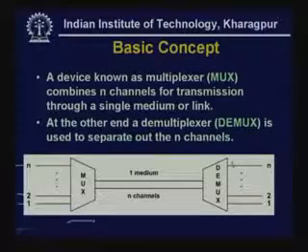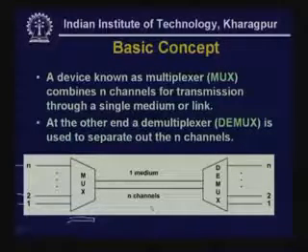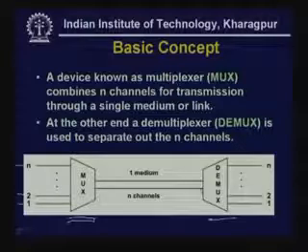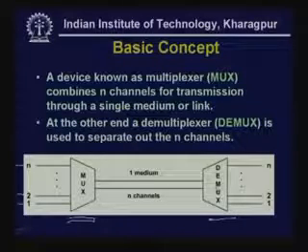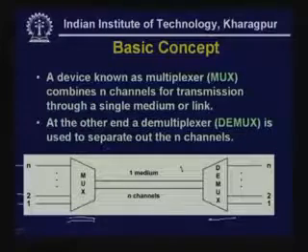It is separating out the signals coming through a common channel and sending them to n different channels, 1 to n. So, this is the basic operation. You require a multiplexer and a demultiplexer, which do the operation of combining and separating out.